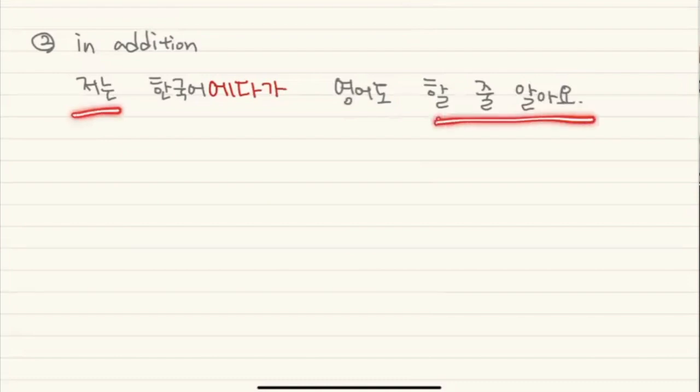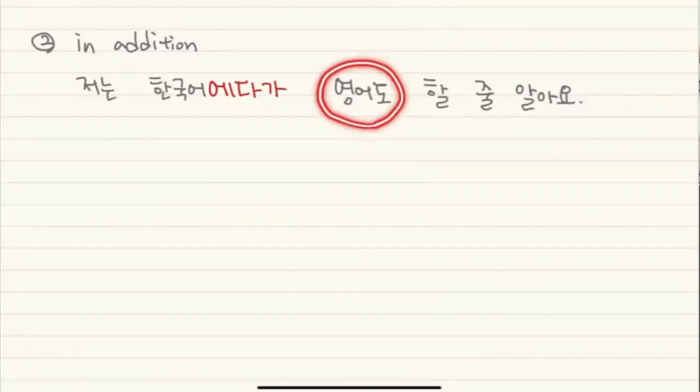I know how to do Korean, and plus even English. So you want to add, I can speak English too, this information. So you can connect two nouns, Korean and English. So you're piling up the information.